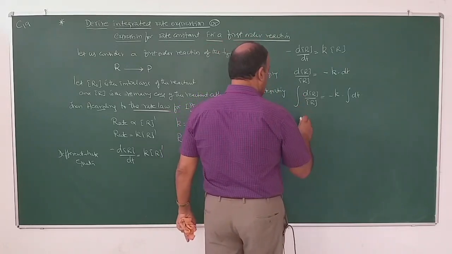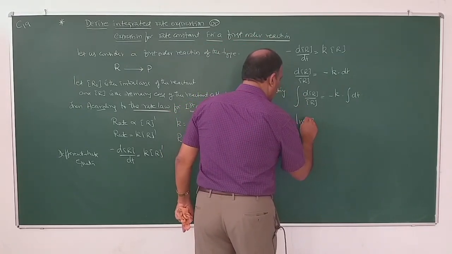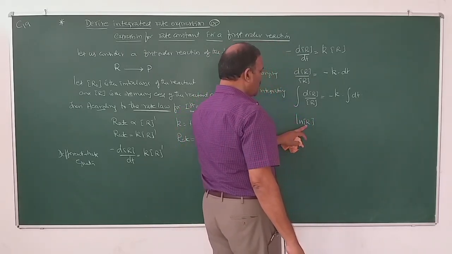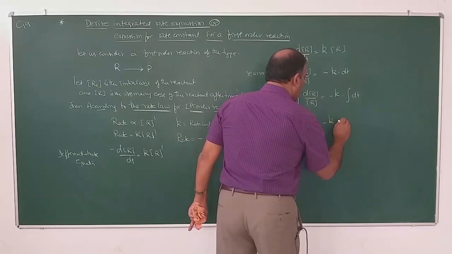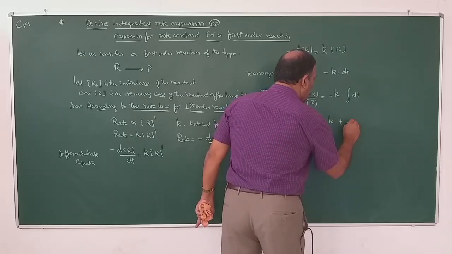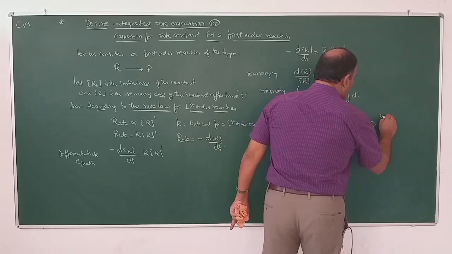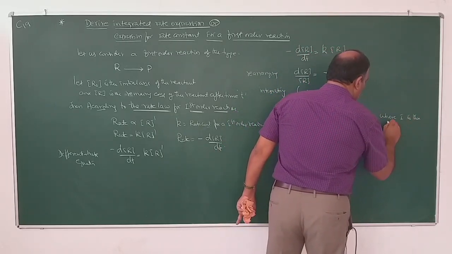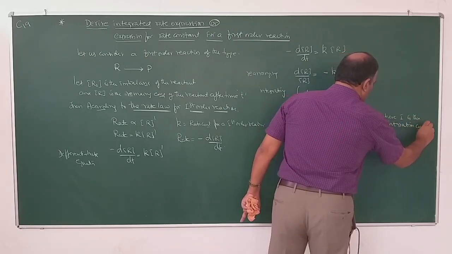Integral of d[R] by [R] is equal to log R, written as ln [R], is equal to minus kt plus I. This is equation 1, where I is the integration constant.